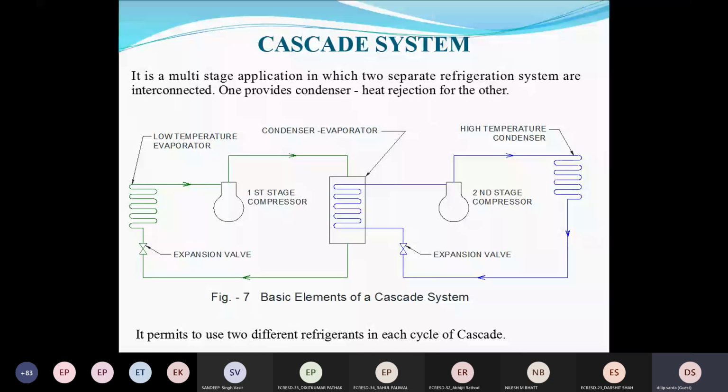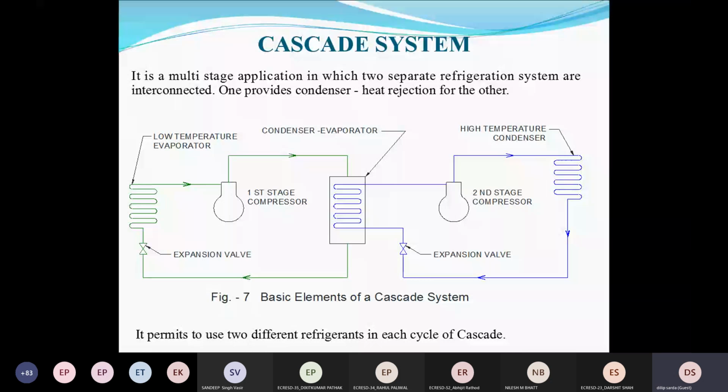In the lower stage, we can use CO2, and in the higher stage, we may use ammonia. So both are natural gases, and they give the GWP or ODP, whatever you want, at the most desirable level. And in case of leakage also, there is no problem.